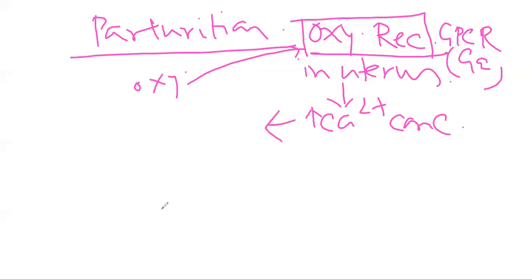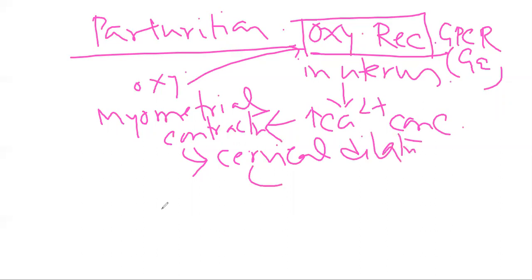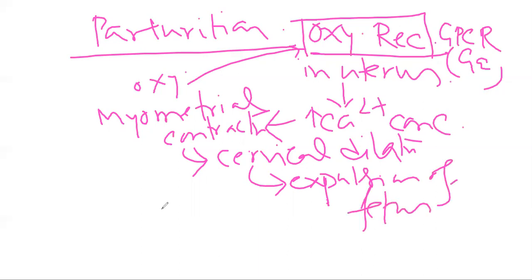The uterine muscle cell is known as the myometrium, so myometrial contraction occurs by the action of this increased calcium ion. And finally, there will be cervical dilatation and expulsion of the fetus from the mother's womb. So expulsion of the fetus will occur. This is known as parturition.